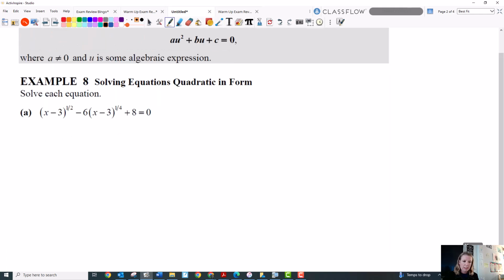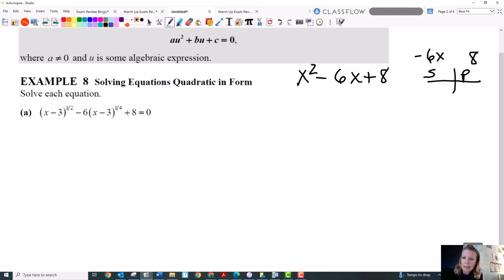What that means is it takes the form of a regular old x squared minus 6x plus 8. Just a regular old trinomial, sum and product factoring. What multiplies to give me 8 and adds to give me -6? It doesn't even have a number in front of it, so I can just factor it straight up.